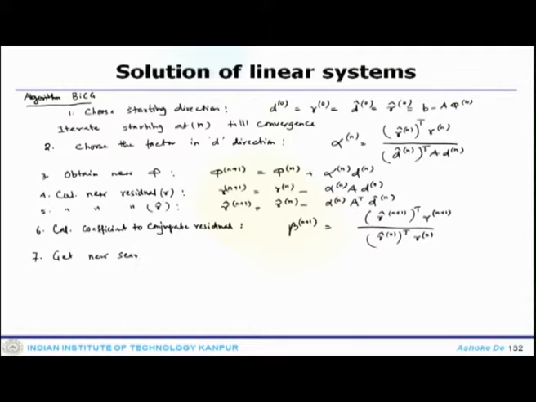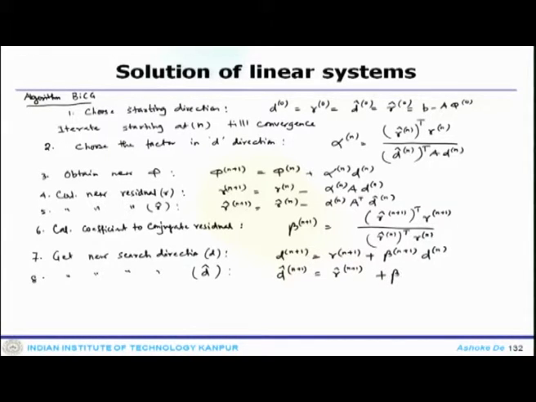new search direction, that is D, which will be d n plus 1 equals r n plus 1 minus beta n plus 1 d n, and similarly you get the new search direction along the shadow variable, and that is D hat, which is going to be d hat n plus 1 equals r hat n plus 1 minus beta n plus 1 d hat n.